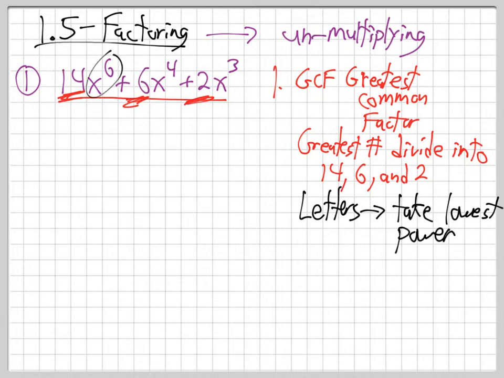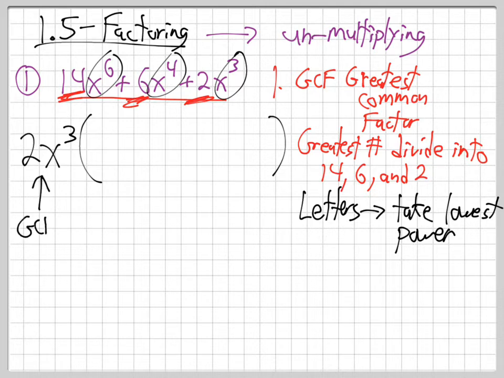As you look at these powers, what's the lowest one? 2. X to the 3rd. So the GCF is going to be 2x to the 3rd. And then you put a big old parenthesis. So this is the GCF, the greatest common factor. That's the most they have in common.